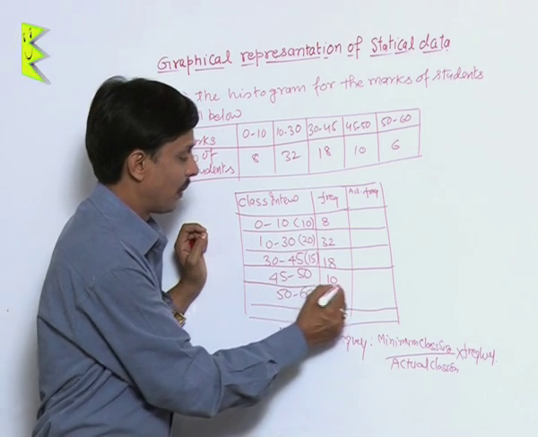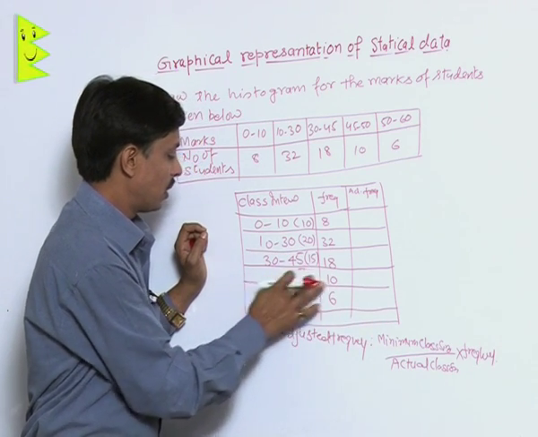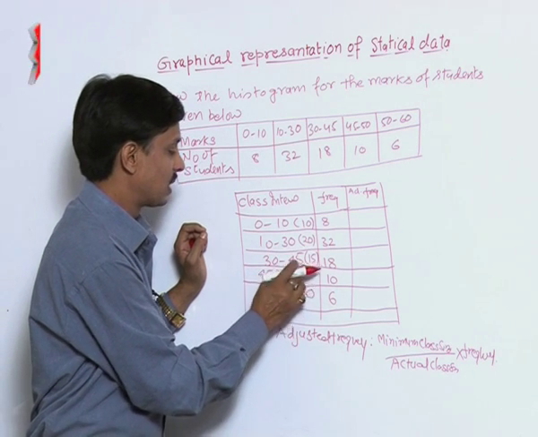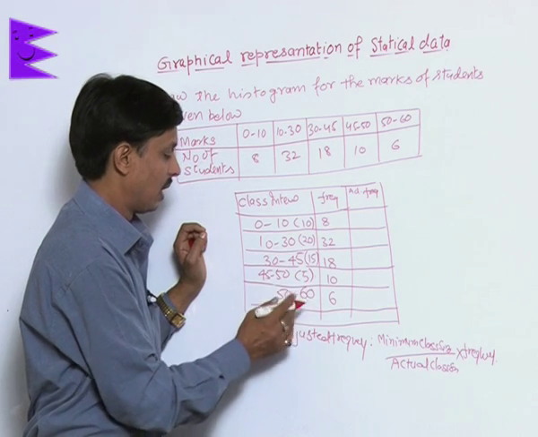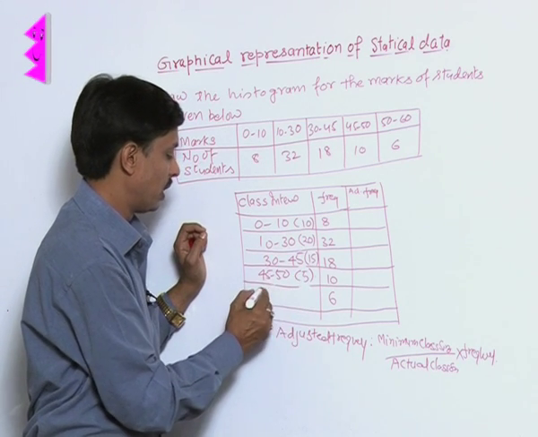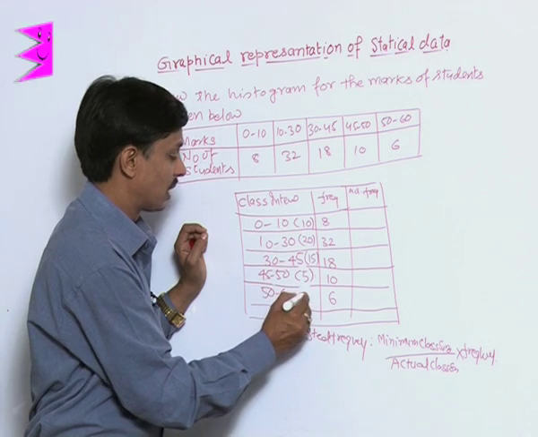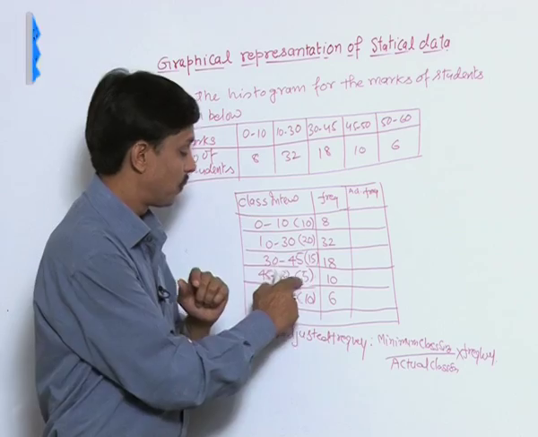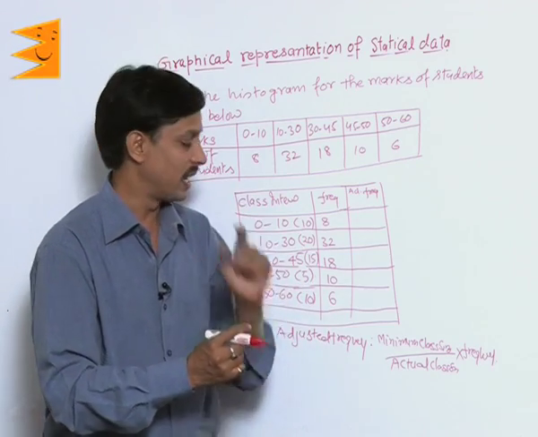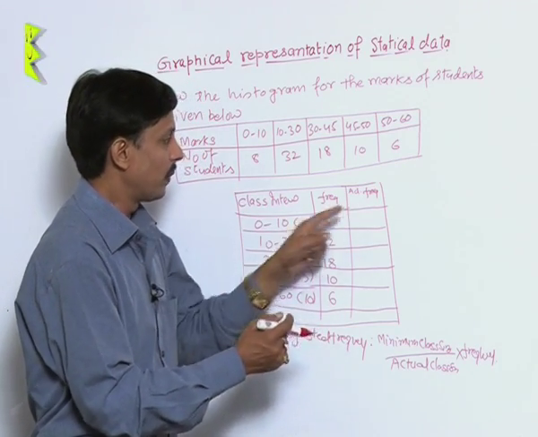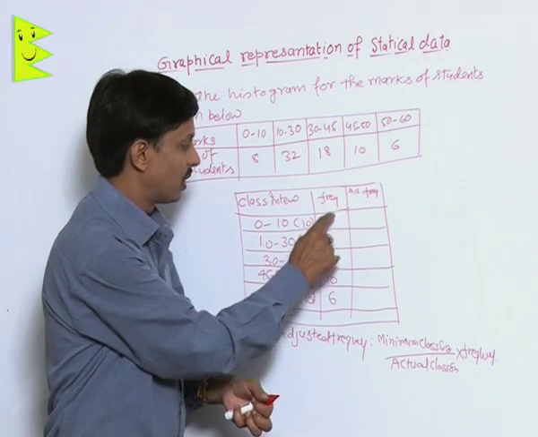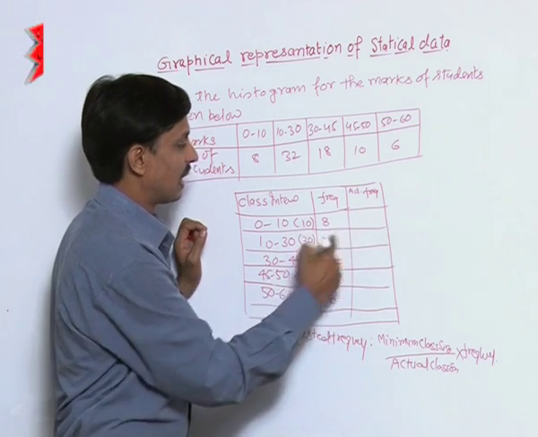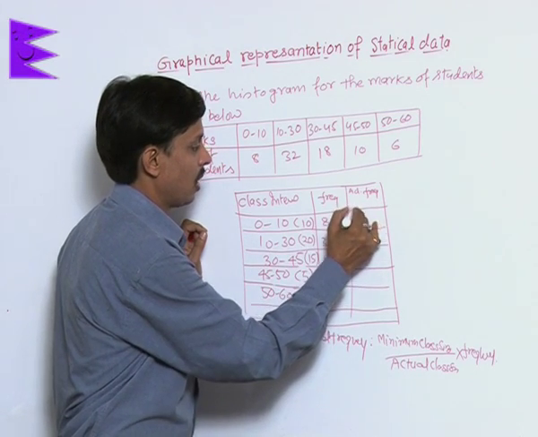In the interval 45 to 50, the class size is 5. And in 50 to 60, class size is 10. So the minimum class size for the question is 5.